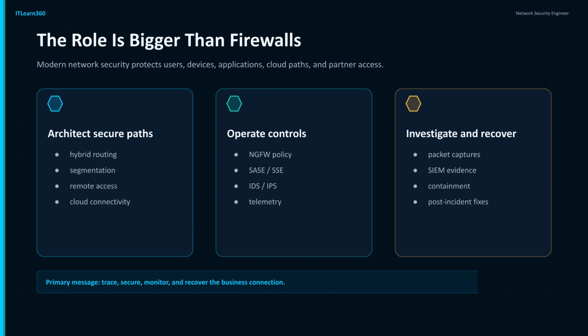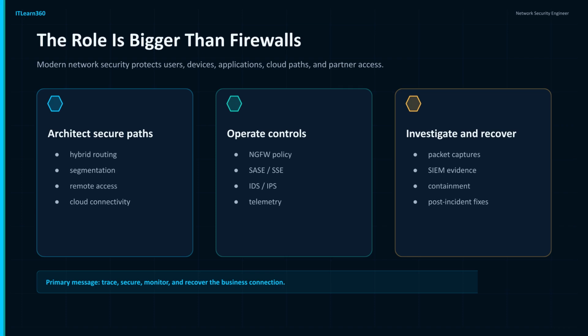At Summit Fresh, the engineer cannot simply block the suspicious vendor traffic and walk away, because warehouse scanners still need to reach the inventory system, and the business must keep operating. Every control has to be connected to the path it protects and the impact it may create. That is why the role is best understood as tracing, securing, monitoring, and recovering business connectivity.